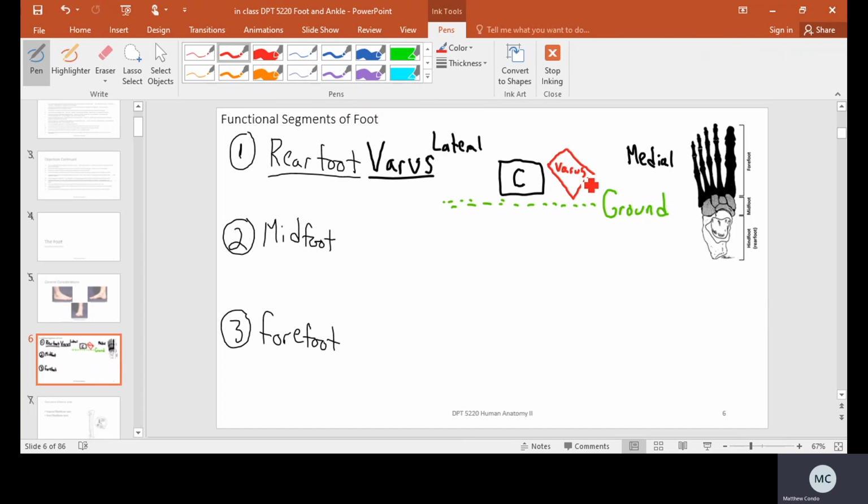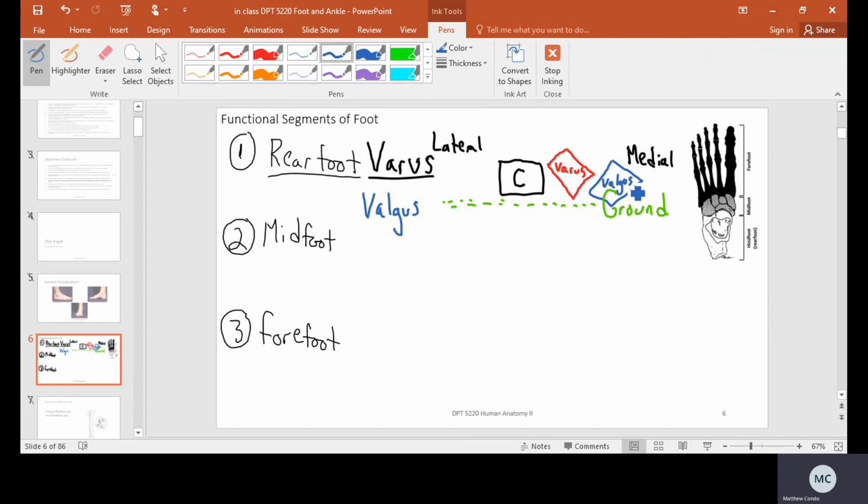Now, a rear foot valgus is going to be the opposite of that. So the medial portion is on the ground, and the lateral portion is in the air. As soon as you get done drawing it, I want you to do that on yourselves and tell me what happens to the rest of your foot. My medial portion is on the ground, my lateral portion is up in the air for rear foot valgus.